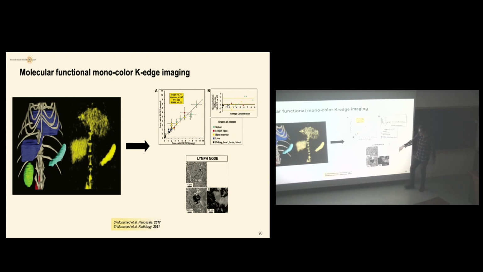Here it's inductively coupled plasma optical emission spectroscopy, which is the method of reference, and with very high agreement, and also with high agreement with transmission electron microscopy. So you see that with spectral photon-counting CT, and with a dedicated contrast agent, so gold nanoparticles that have been taken up by the macrophages, you will have a nice map of the liver.